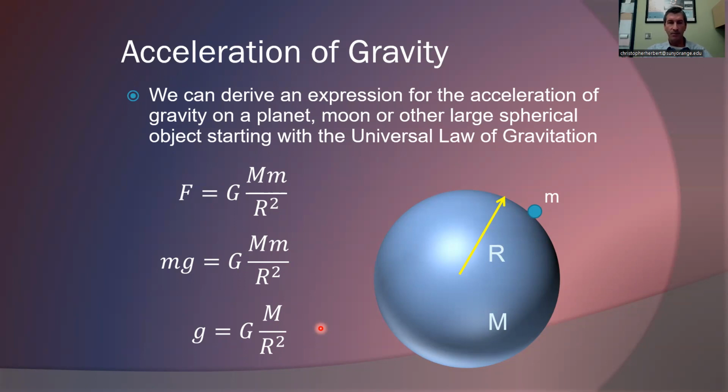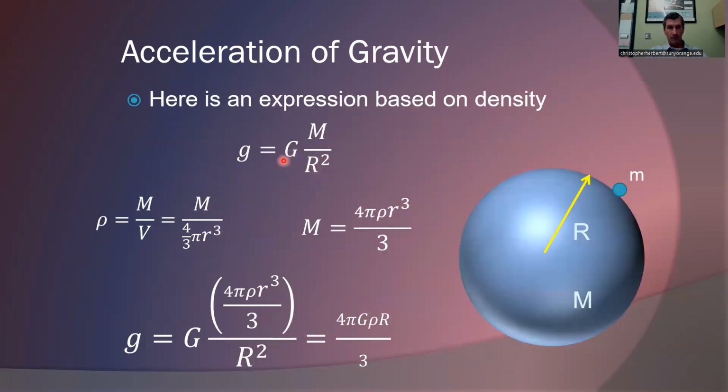So let's rewrite this. We're going to take our expression for the acceleration of gravity on the surface of a planet in terms of mass and its radius. I'm going to say, okay, we're going to replace mass and volume with density, where volume for a sphere is 4/3 pi r cubed.